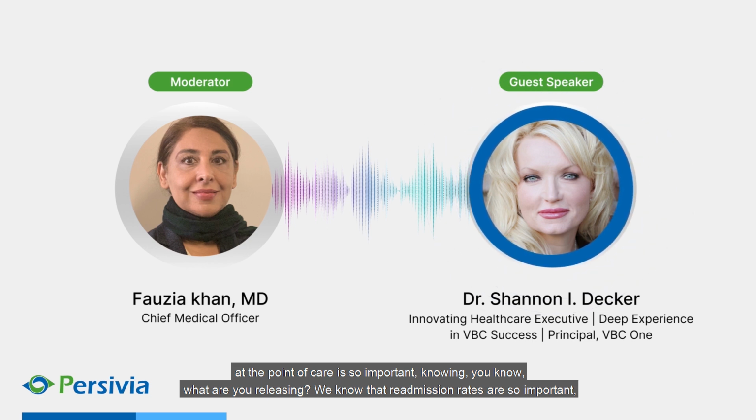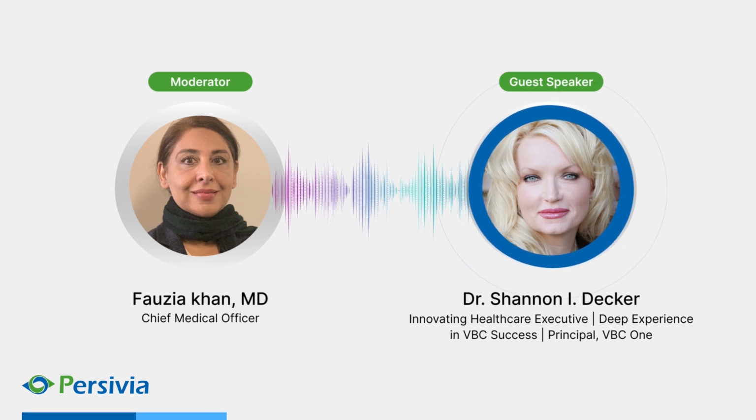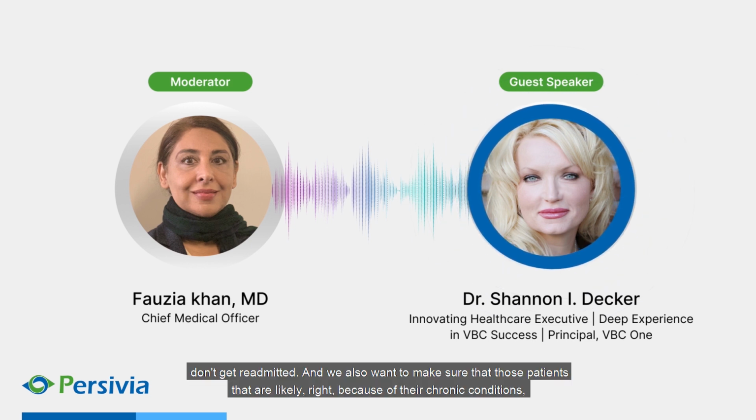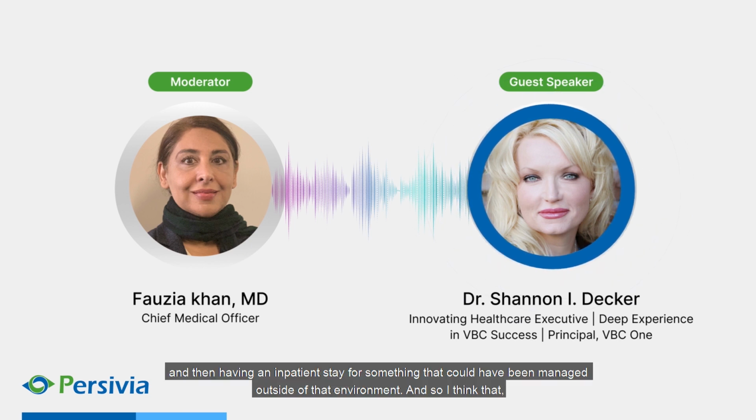We know that readmission rates are so important, especially around ACO REACH. We want to make sure that patients that were in the hospital don't get readmitted. And we also want to make sure that those patients that are likely, because of their chronic conditions, to get admitted, we're putting in supports ahead of time to prevent them from having to go to the hospital and then having an inpatient stay for something that could have been managed outside of that environment.